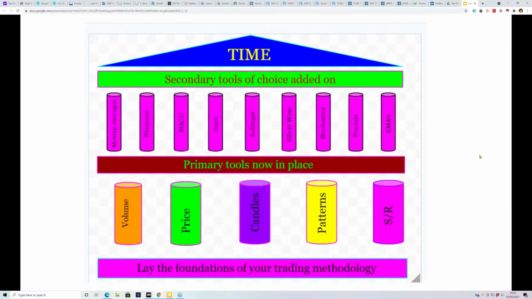Now, VPA, as I said, the volume and price is hugely important. We use candles and candle patterns to give a narrative to the chart rather than bars, but you can use bars as well. The fifth element of VPA is support and resistance, which we talked about a lot last week.